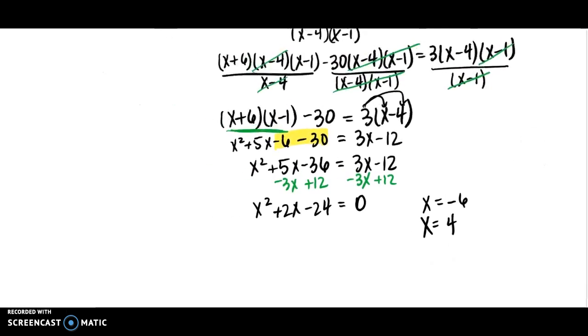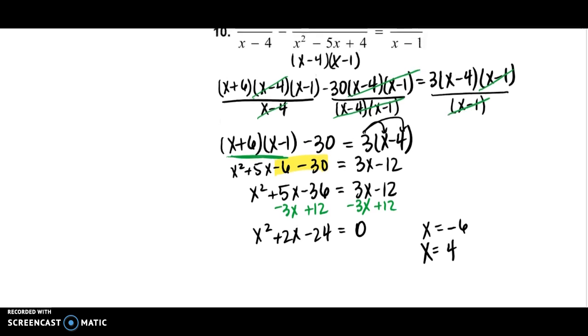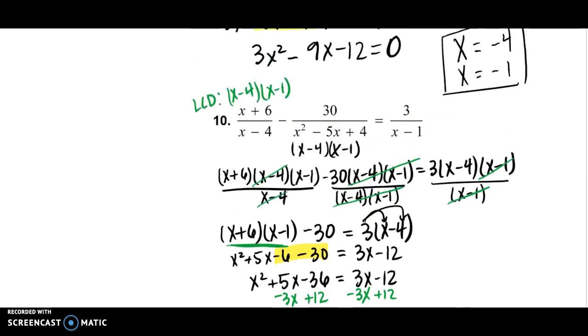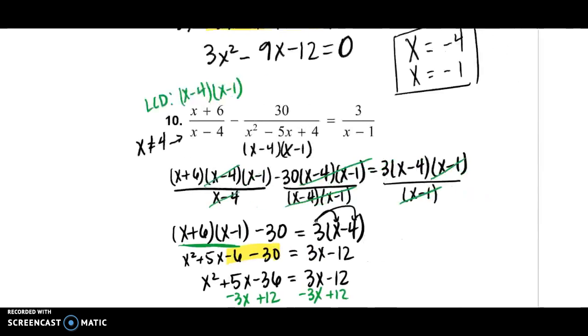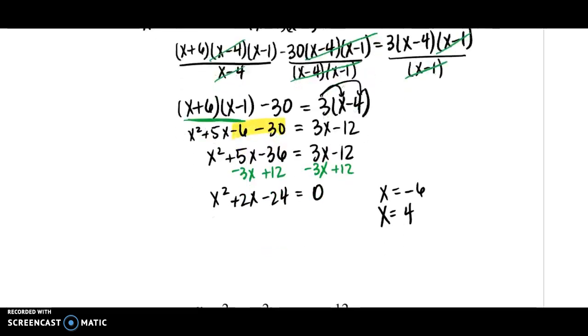But you need to check your solutions for this one, because if you look here, x cannot equal +4 because of this. So then your only solution is going to be x equals -6.